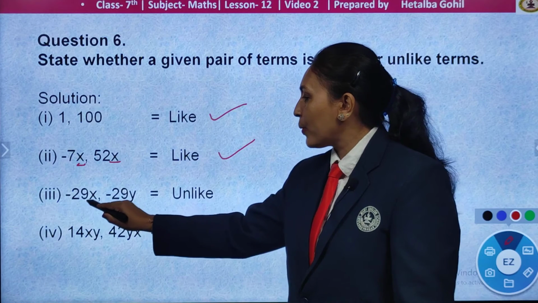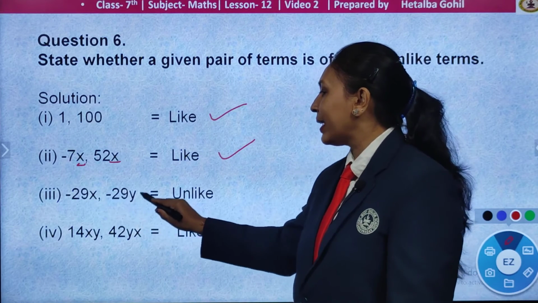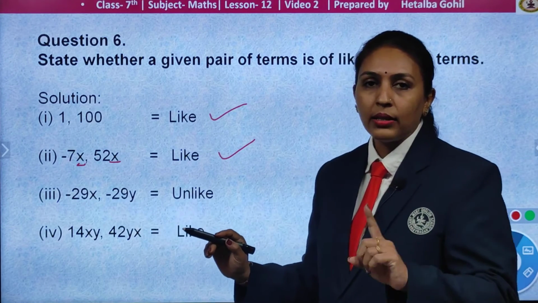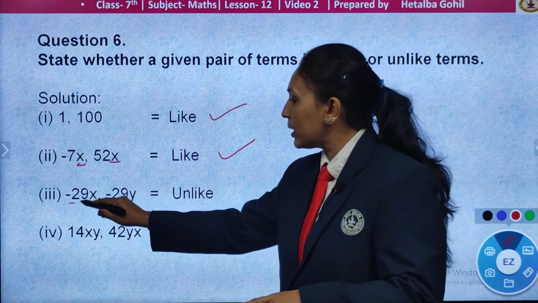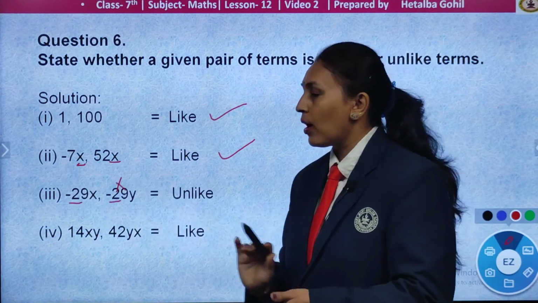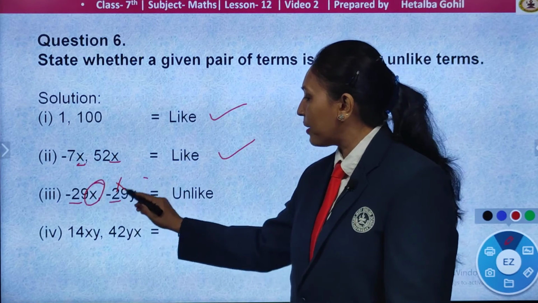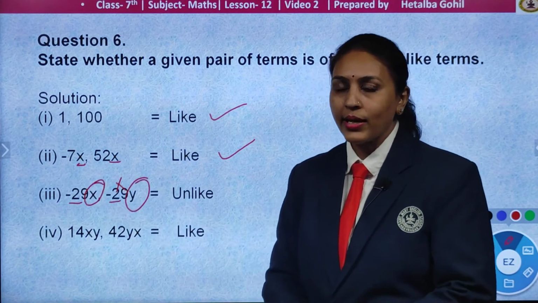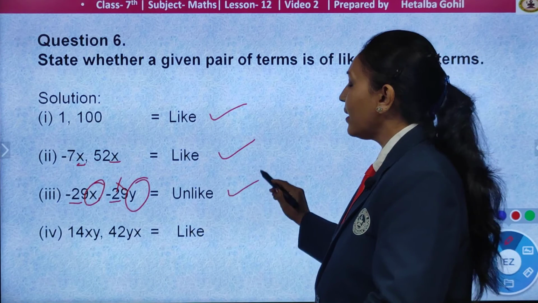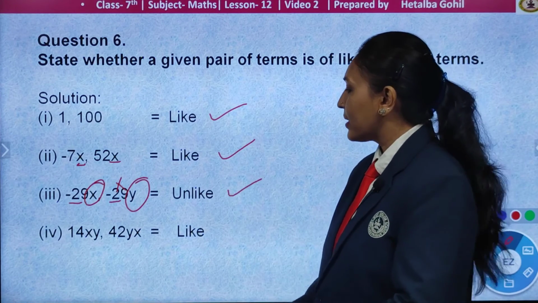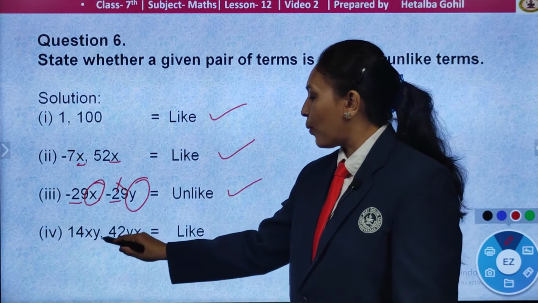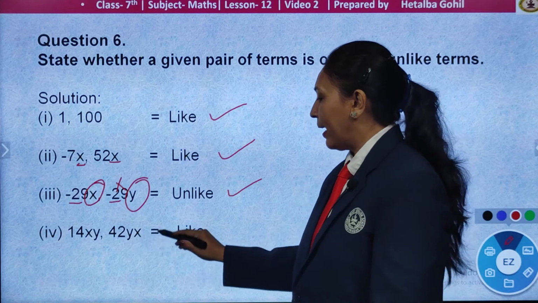Then minus 29x and minus 29y. Children, don't look at the coefficient. Here you will say the coefficient is same, but coefficient is not to be considered here, only the variables, that is x and y. That means they are not the same, so it is unlike term. Next, 14xy and 42yx.